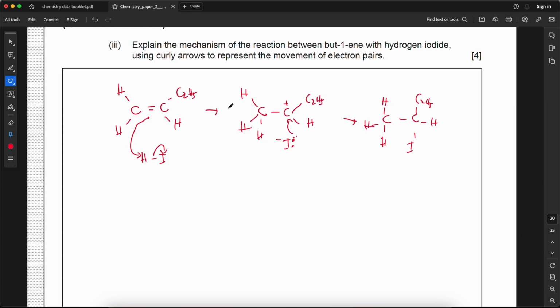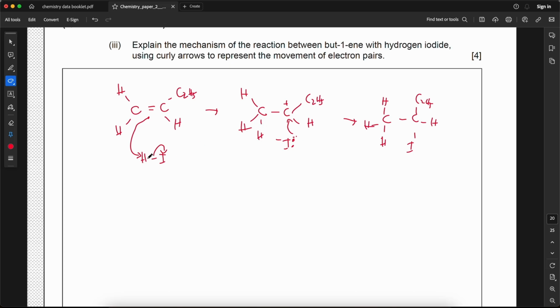Okay, in this reaction, but-1-ene contains a double bond, which has a strong sigma bond and a weak pi bond, and acts as a nucleophile, donating 2 pi electrons to an electrophile, HI, that has a polar hydrogen iodide bond where the hydrogen atom is an electrophilic center. A pair of electrons from the carbon double bond is used, forming a new bond with the hydrogen atom.